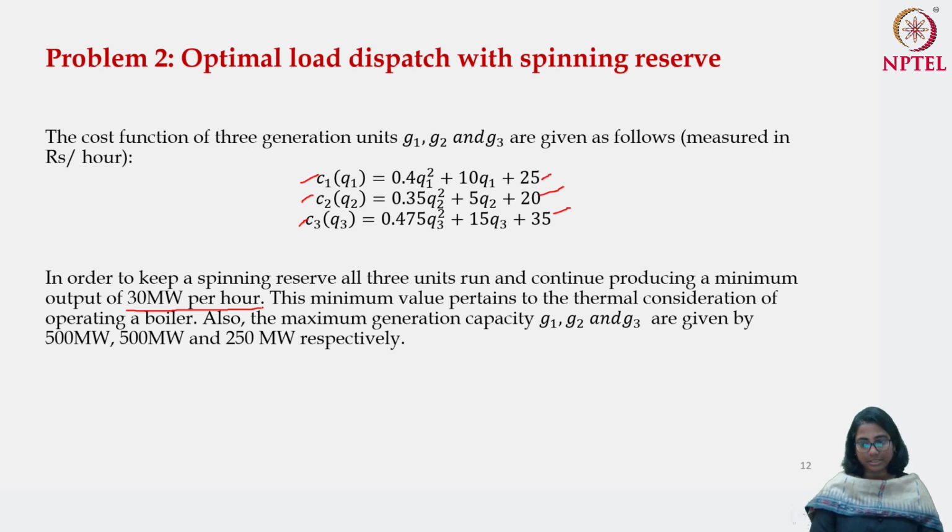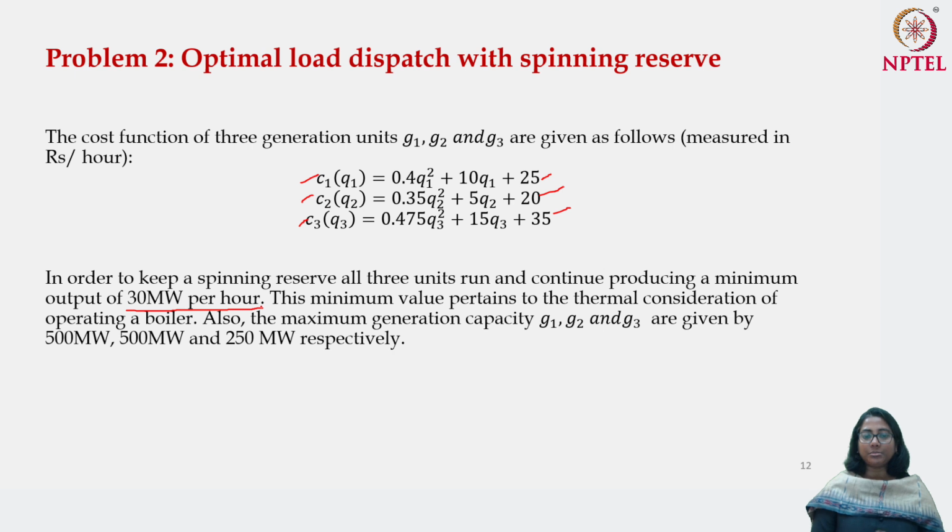Now how has this 30 megawatt per hour come about? This is generally determined based on the thermal considerations of operation of the boiler. These are some technical specifications. You cannot run it at a capacity less than 30 megawatt per hour. Probably the operation cost will go up, and physically that is not quite possible.